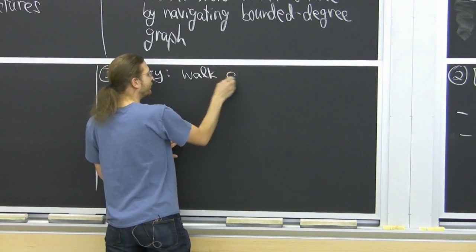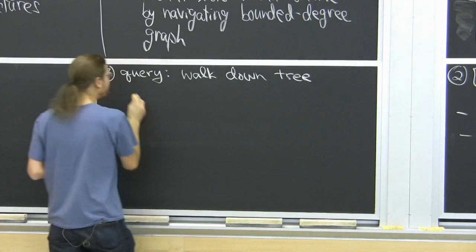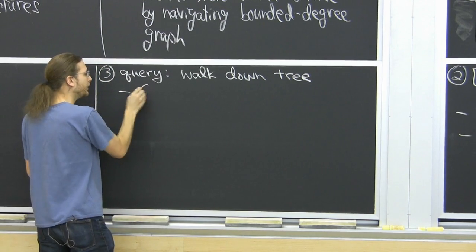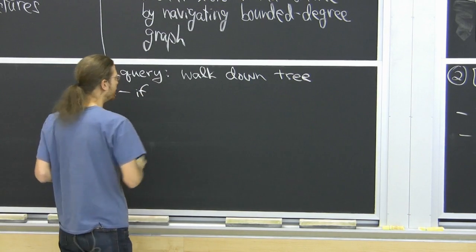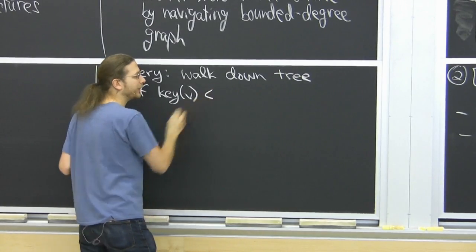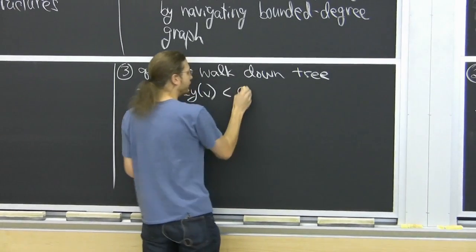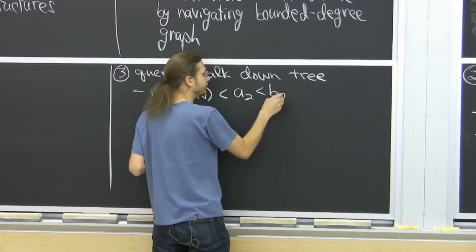And once I say walk down the tree, it's pretty clear what you have to do. When you visit a node, if the key of the node is less than what are we searching for, A2, B2. So A2 is less than B2.